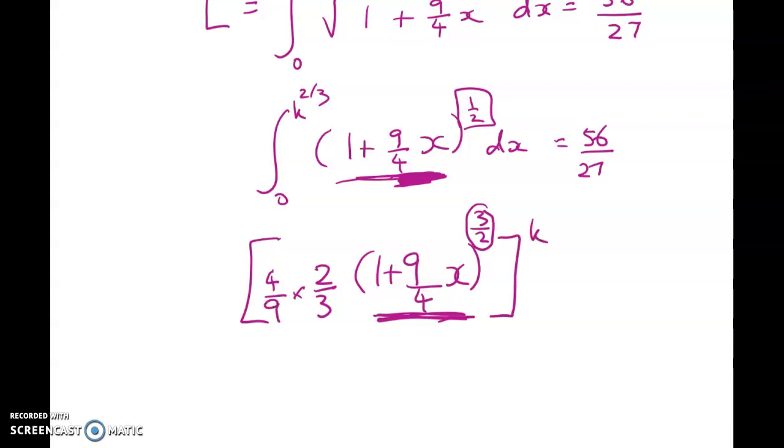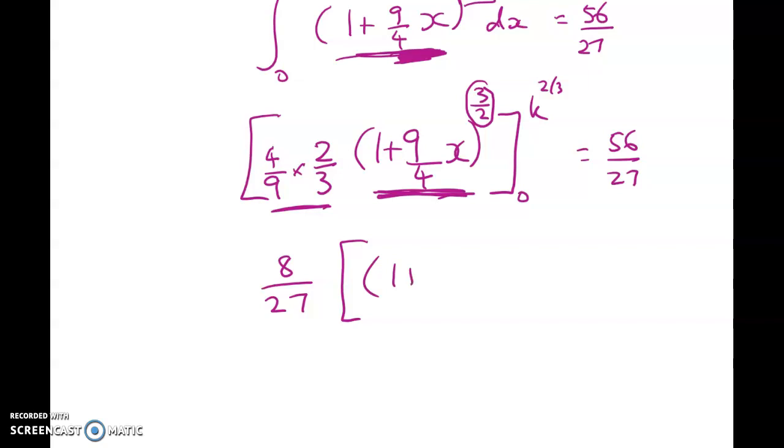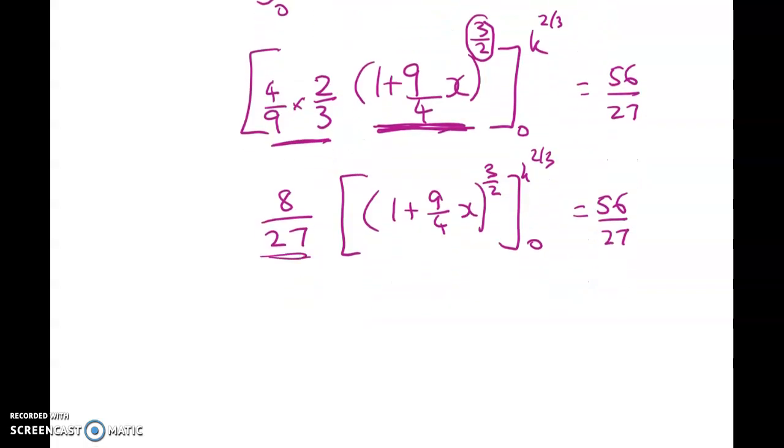And then we need to substitute in our limits here, and that equals 56 over 27. So pulling the constant through gives us 8/27 times this equals 56 over 27. I can clean up the constants on both sides.